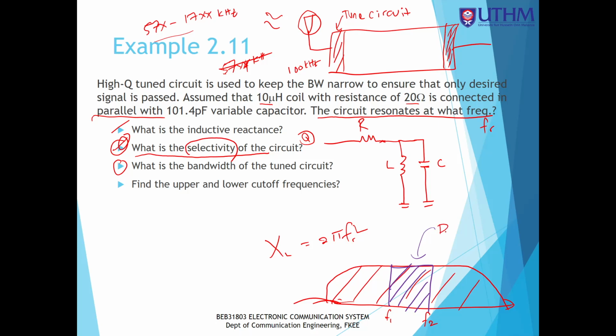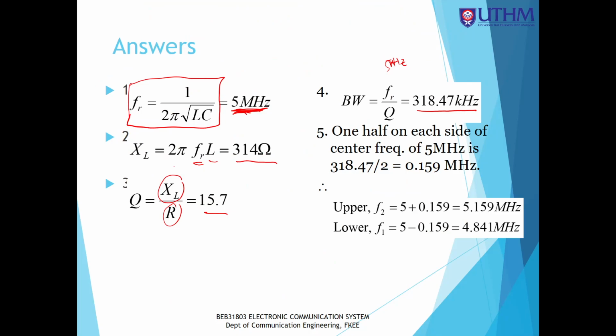We know that the center is FR, the resonant frequency, and we already calculated the bandwidth in the previous question, around 318 kilohertz. The center here is 5 megahertz. So we can calculate the upper and lower cutoff.